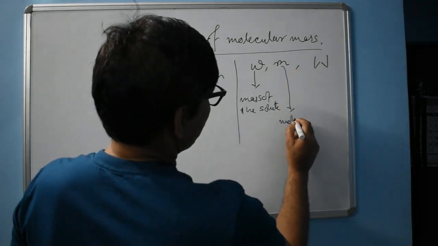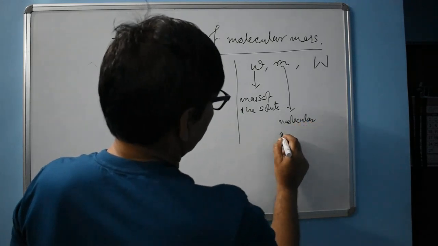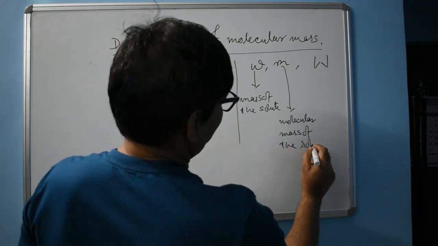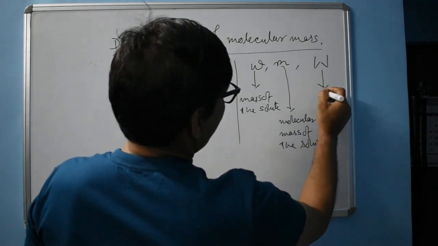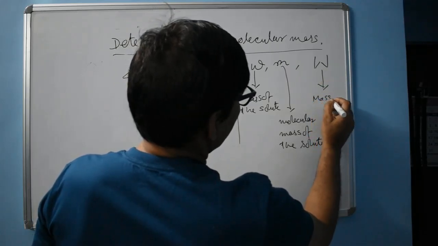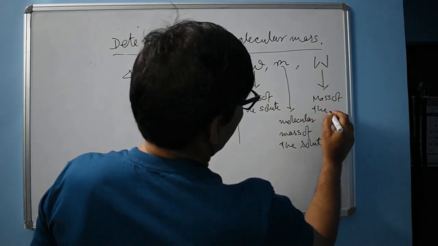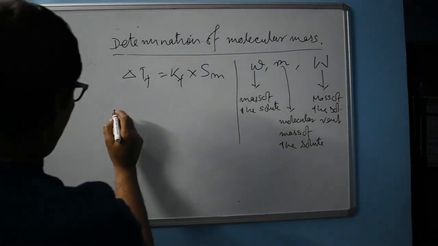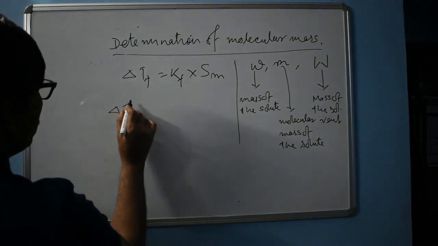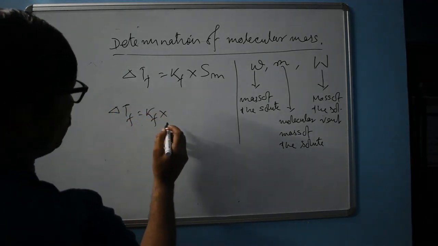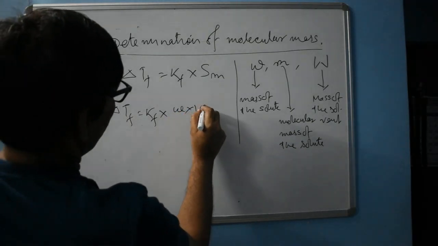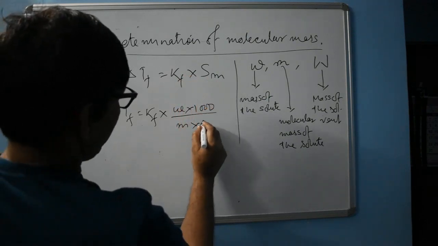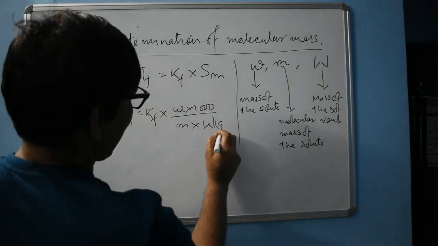This is the molecular mass of the solute, and capital W is the mass of the solvent. Okay, so from here delta Tf will be equal to Kf into w into 1000 divided by molecular mass of the solute to be determined and capital W, provided W is in gram, keep in mind.